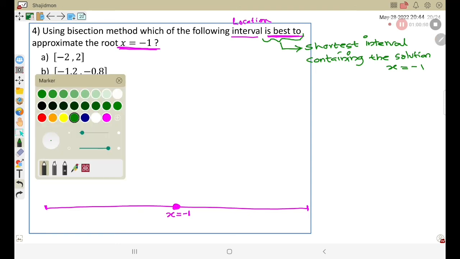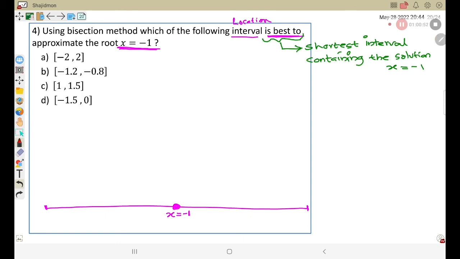So we will check which intervals we can take, and out of those, which is the best. The first one is minus 2 to 2. Before doing that, I just mark the numbers here. This is minus 1, this is minus 2.